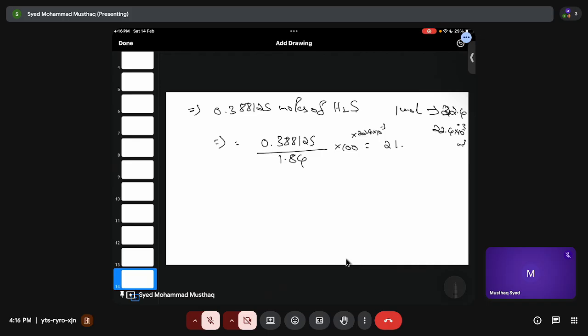So this will give me 2109.375 into 472.5. Yeah. So this is our final value. Now this is about mass balance.